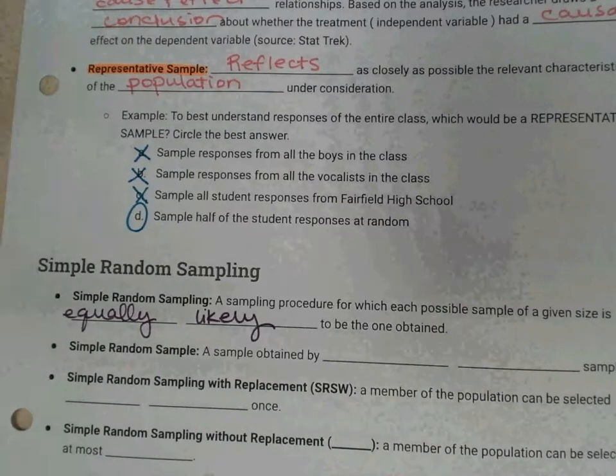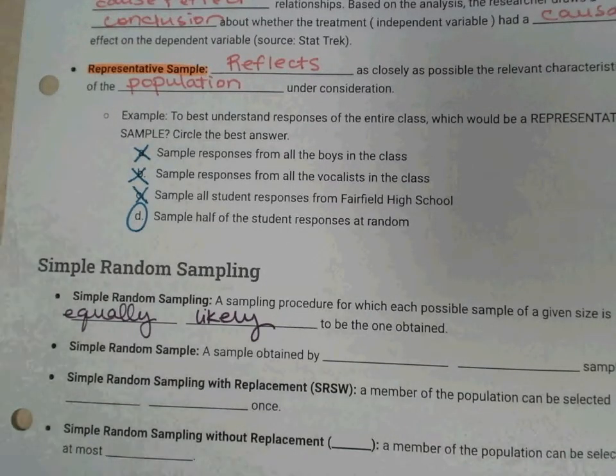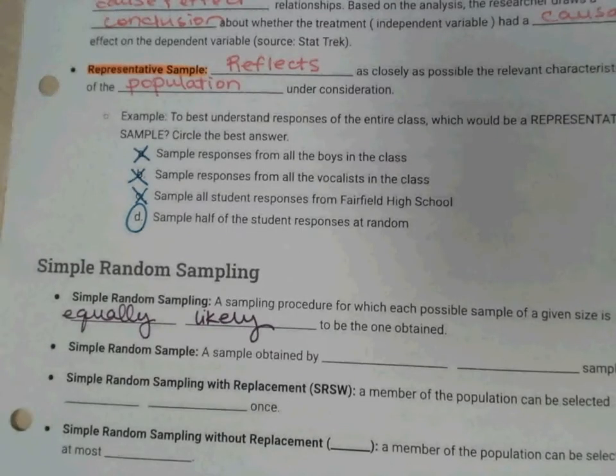I give everybody at School of the Arts a number, put all the numbers into a random number generator that generates a random number between 1 and 167. Let's say that's how many students we have. And the number 12 pops out, and you're number 12. So you're part of my survey. Okay? Just very random, simple random sampling.